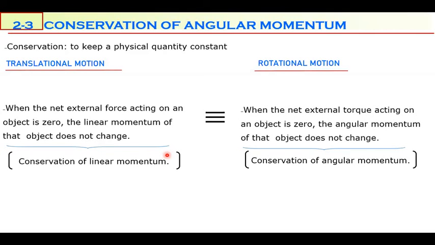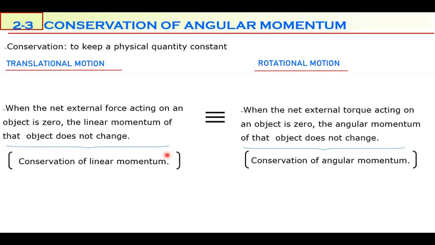Conservation of angular momentum. Conservation means you keep a physical quantity constant, so it's called conservation. In fact, there are many conservation laws in physics: conservation of mechanical energy, conservation of electric charge, conservation of angular momentum, conservation of linear momentum.